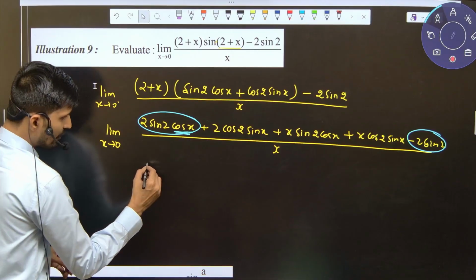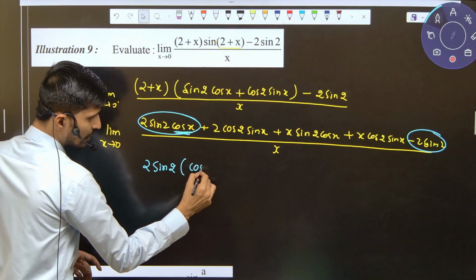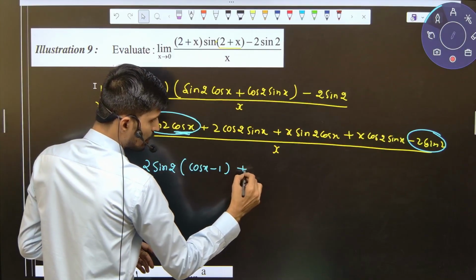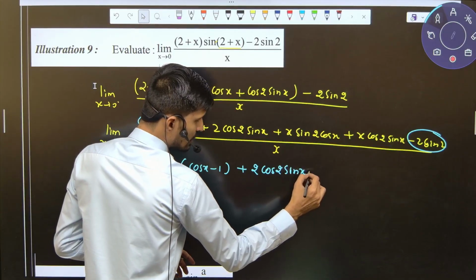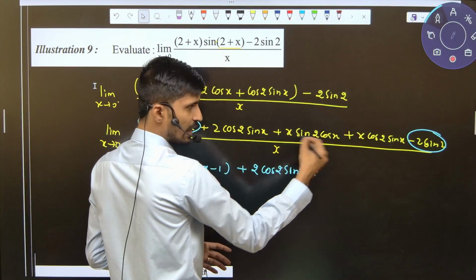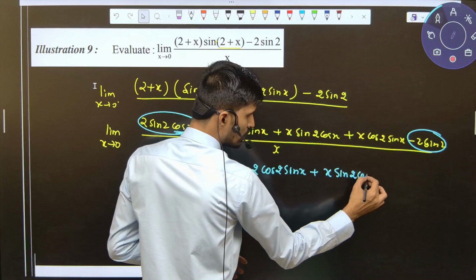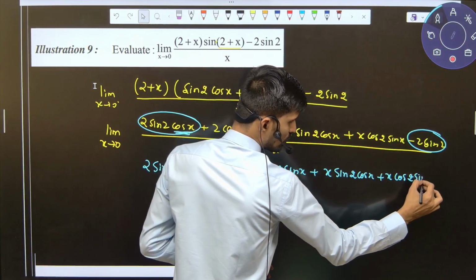So I will write 2 sin 2, and here it will become cos x minus 1, plus 2 cos 2 sin x. In both of these, x is present, no problem. X sin 2 cos x plus x cos 2 sin x.